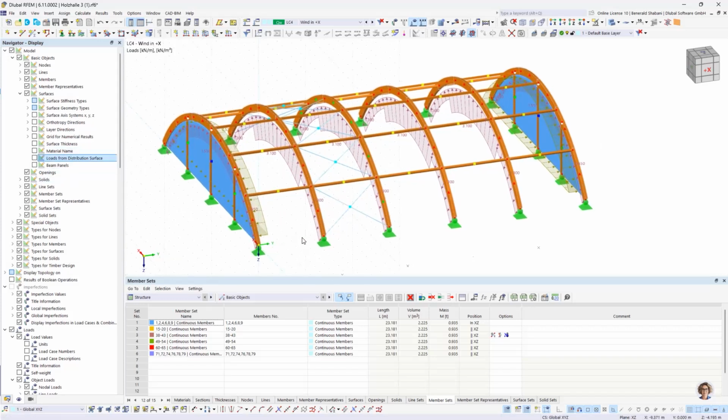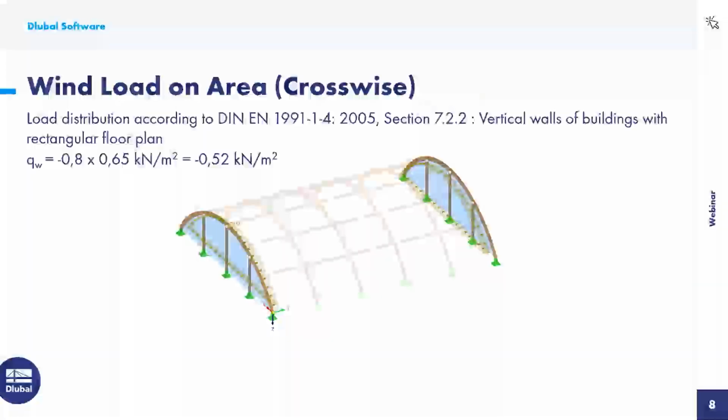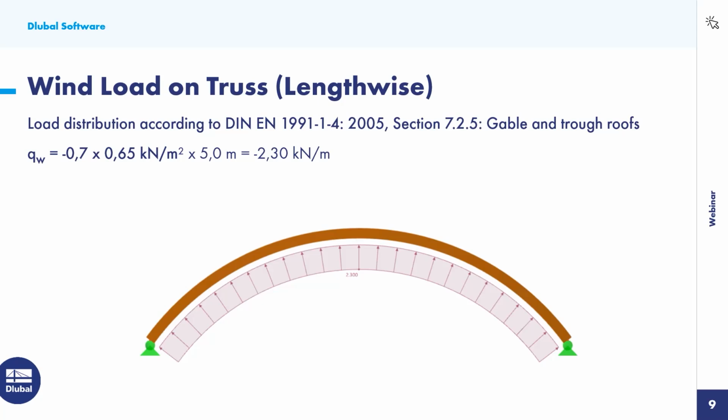The next thing to do is to apply the wind load in the Y direction, like in the other direction. To do that, I would first like to go again to our PowerPoint. For this type of load, there is nothing in the standards, or I didn't find anything, but in principle for gable and trough roofs, according to DIN 1991-1-4, section 7.2.5, there are CP values for wind in the longitudinal direction, also in Y direction.